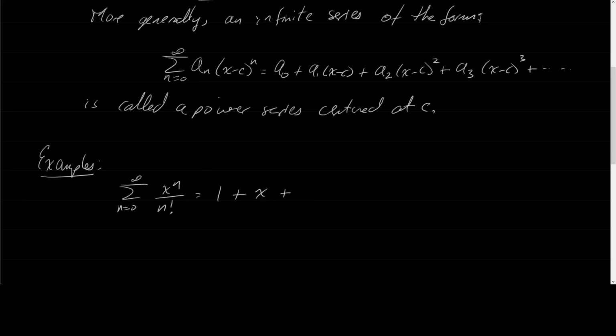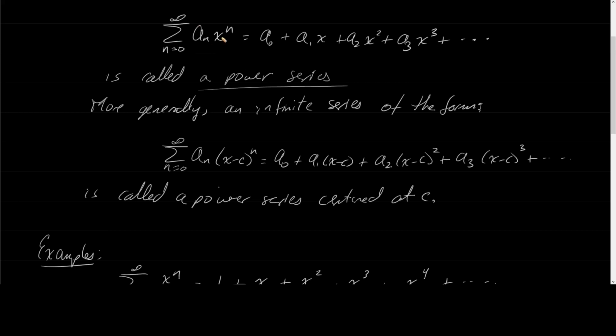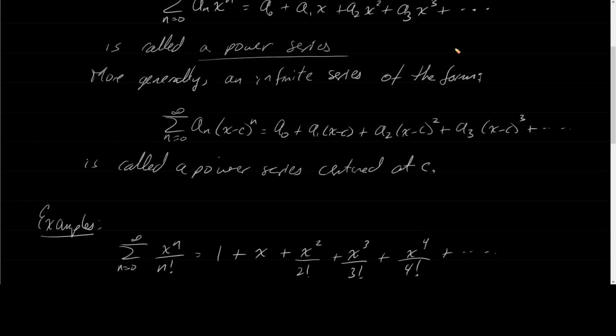Plug in 2, x squared over 2 factorial, x to the third over 3 factorial, x to the 4 over 4 factorial, so on and so forth. So that is a power series. This is centered at 0. In general, if you have this version up here, then it's centered at 0.